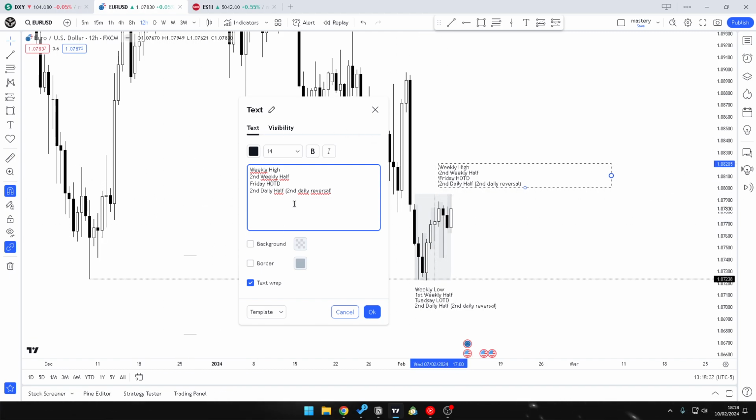And you can see that it was the second daily reversal as well, because first price made the low of the day for Friday, trading below the Friday first half low, and then price expanded on the upside, making this weekly high.